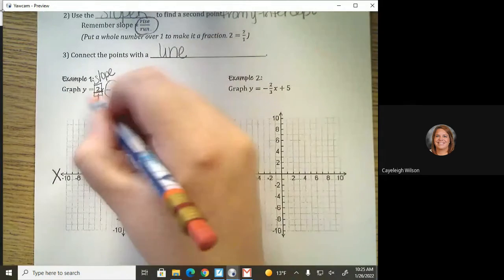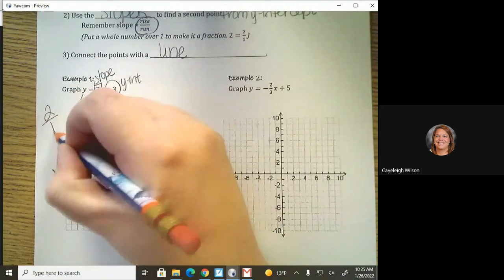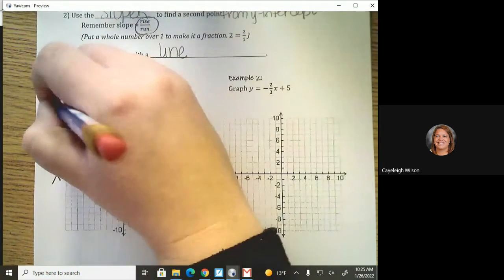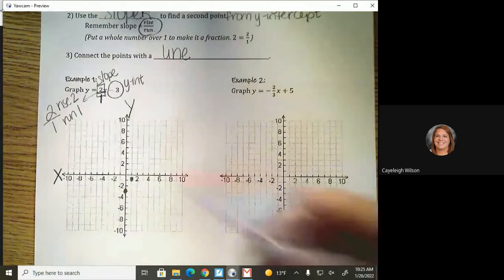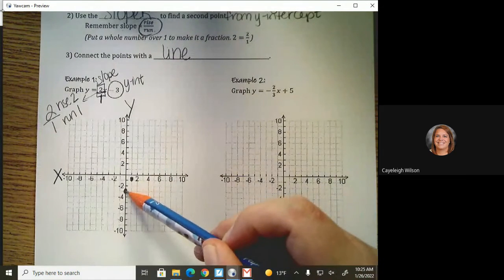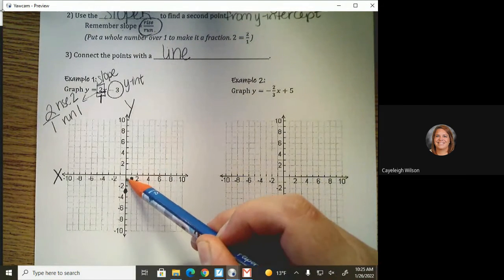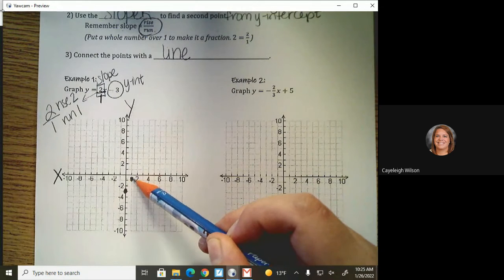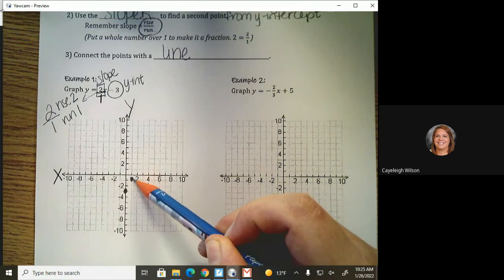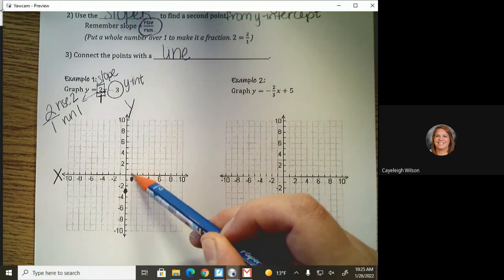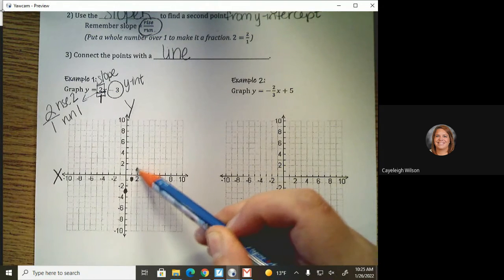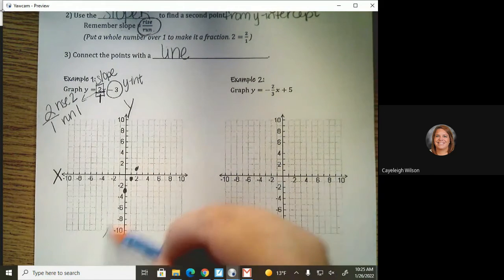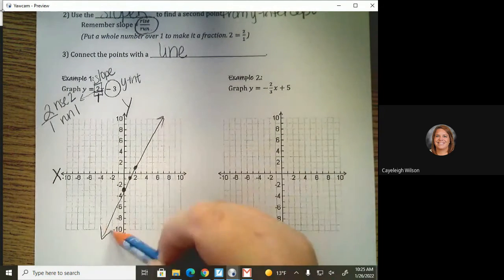So what I did was, this was a 2 over 1 slope. So I rose 2 and I ran 1. So I started here again and I went rise 2, run 1. And if you want to add another point, you can count it again. Rise 2, run 1. And then you're just going to draw a line to connect them.